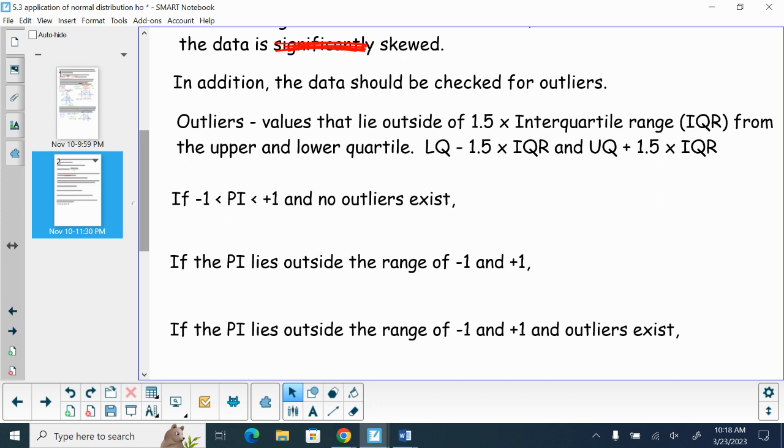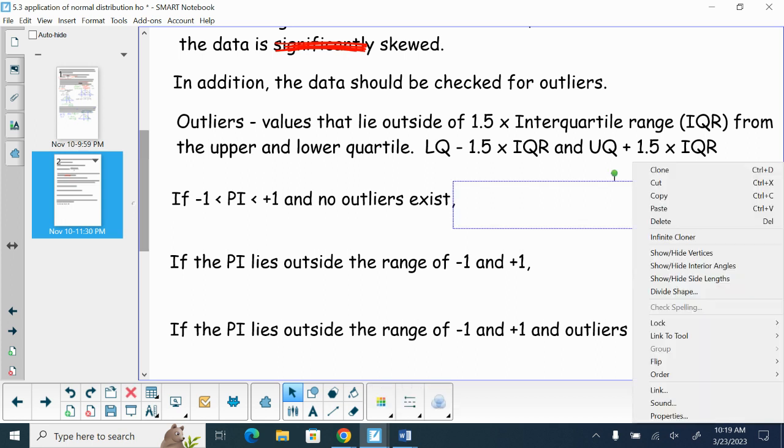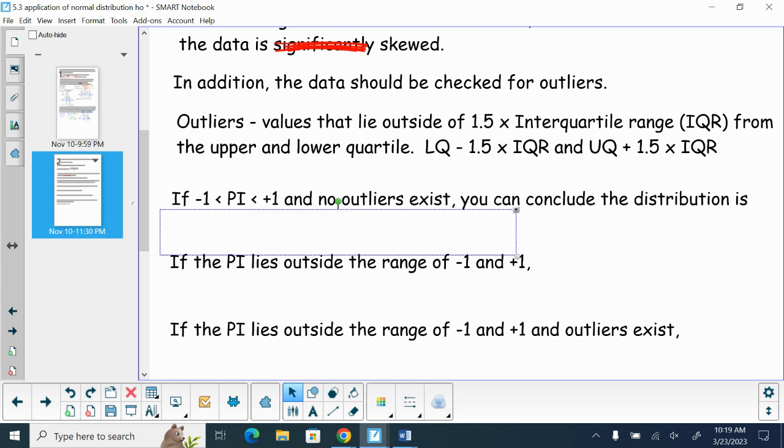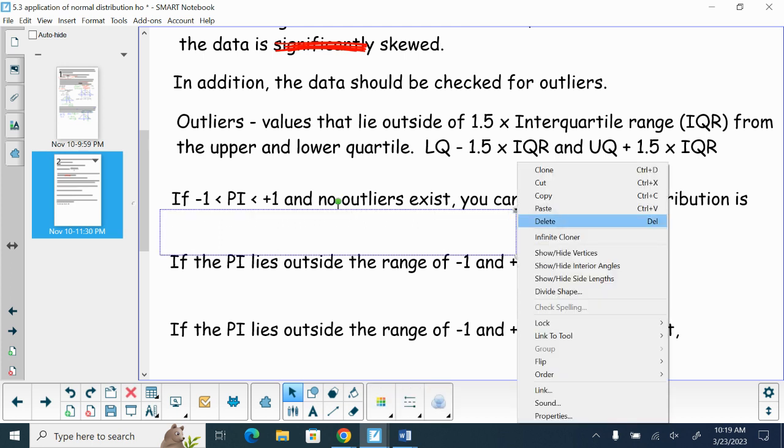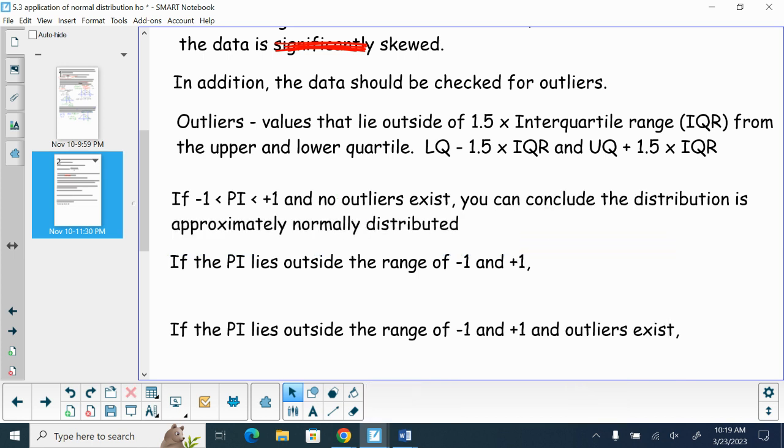If your Pearson index is between -1 and 1, no outliers exist, you can conclude that we have approximately a normal distribution, which means I can use a normal bell-shaped curve. Which means you can go to your z-table.